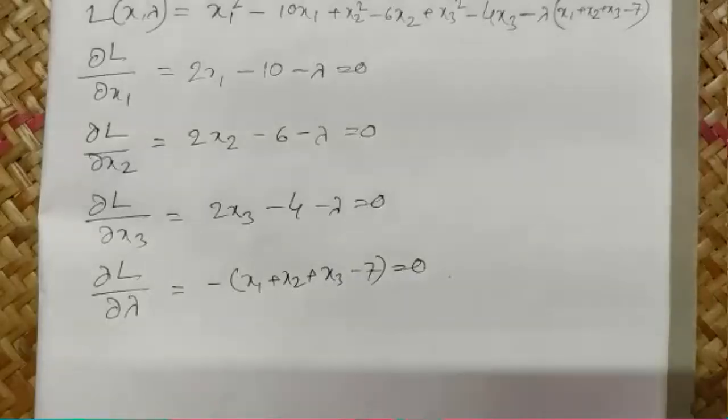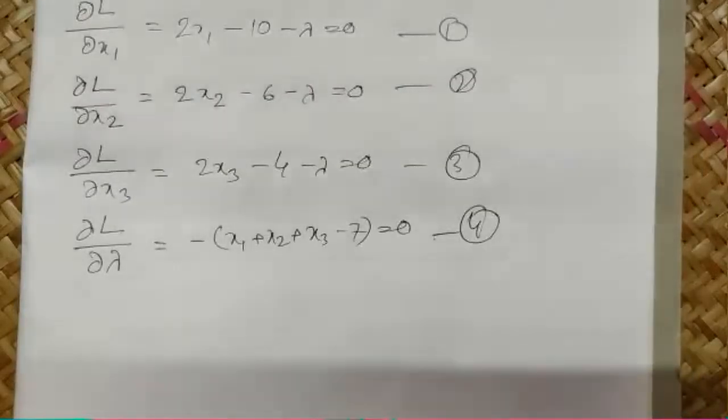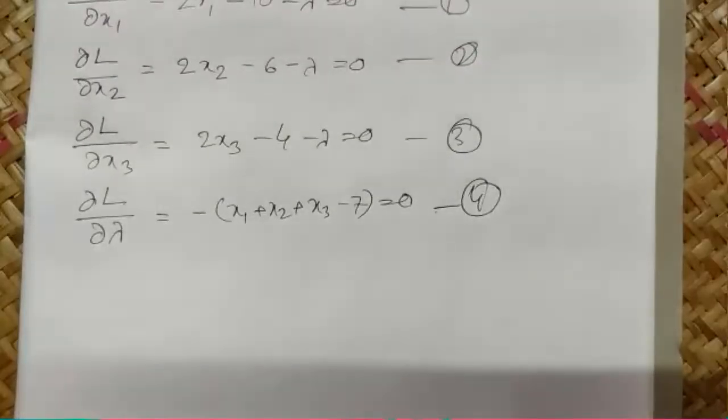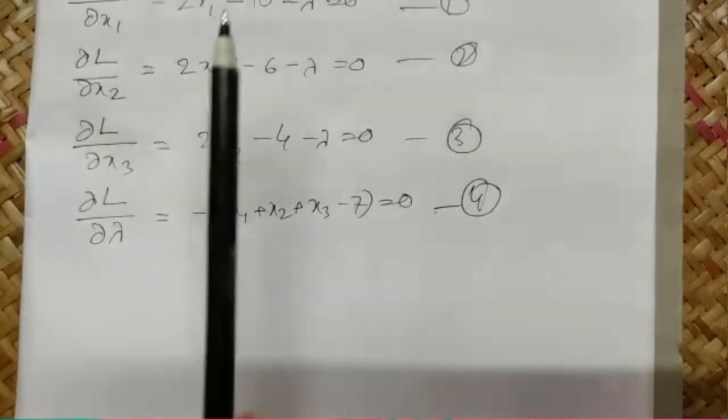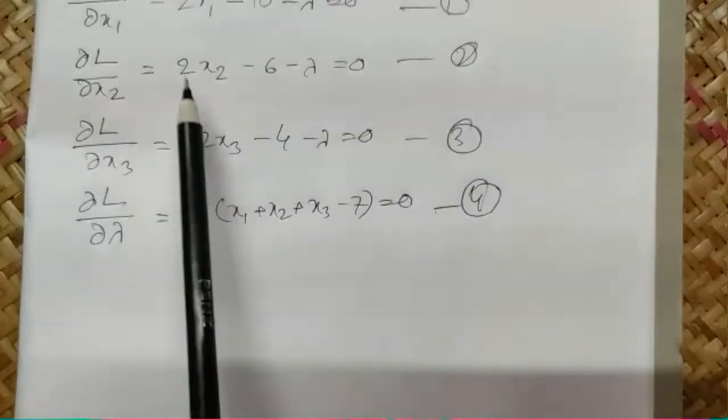From 4 equations there are 4 unknowns, and we need to find the values of x1, x2, x3 and lambda. This job is on you. I am giving you a hint on how to solve it. Find x1 in terms of lambda, x2 in terms of lambda, x3 in terms of lambda.